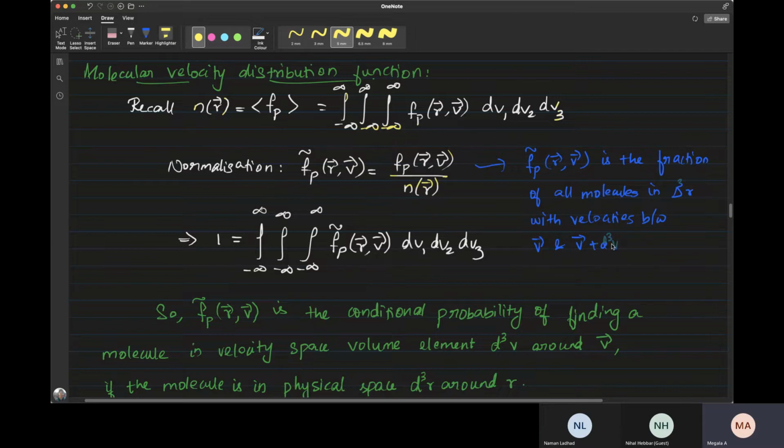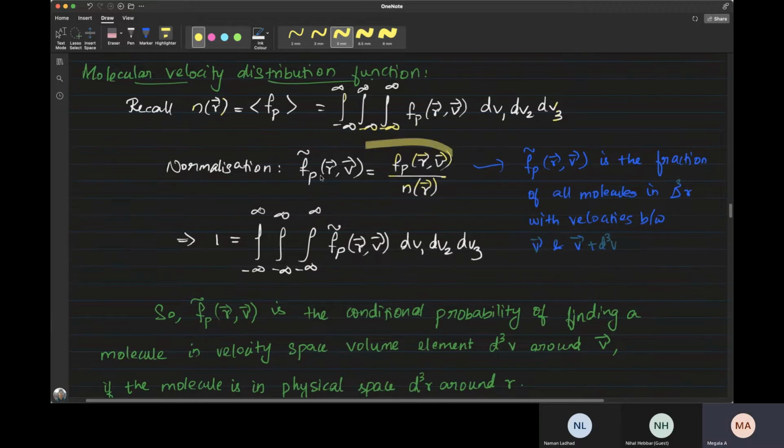Delta cube V is a volume around this with the central point as V vector. So this is the velocity volume, and the physical volume is delta cube r around some central point r vector. So in that volume, f by n denotes the fraction of all molecules in that phase space with velocities in this range.